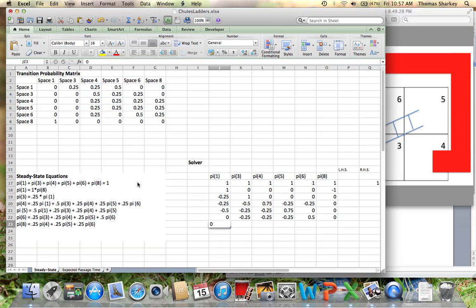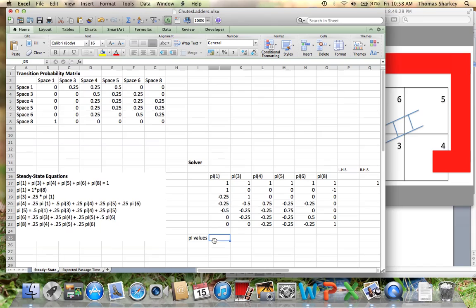Last one: 0 for pi of 1, 0 for pi of 3, minus 0.25 for pi of 4, minus 0.25 for pi of 5, minus 0.25 for pi of 6, and a 1 for pi of 8. So these are our steady state equations, and then we basically want to solve for the pi's.